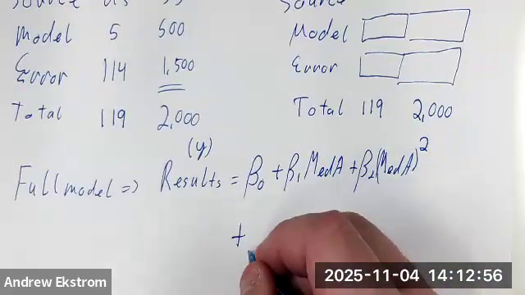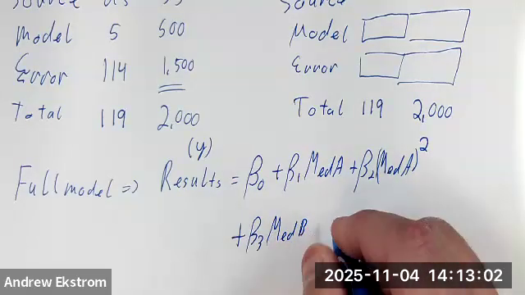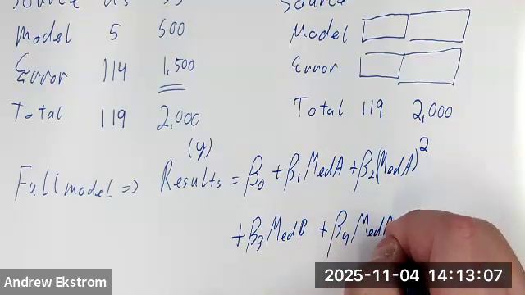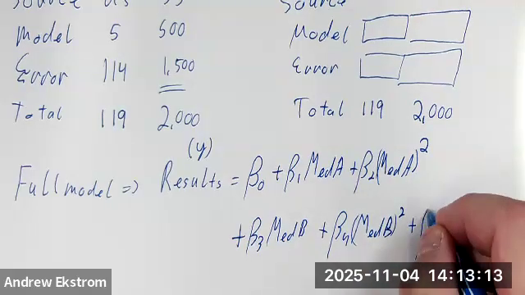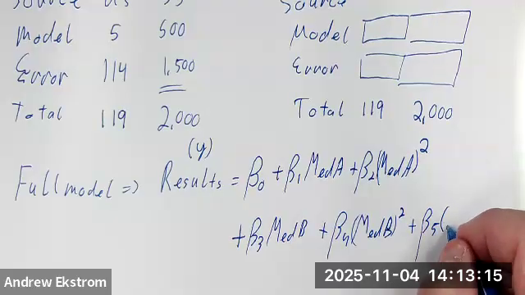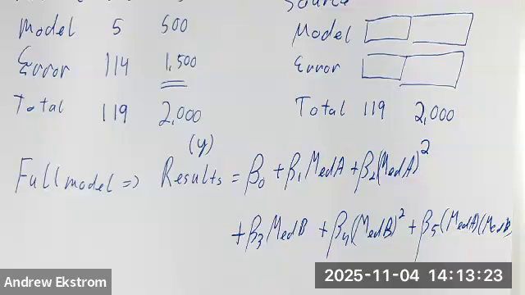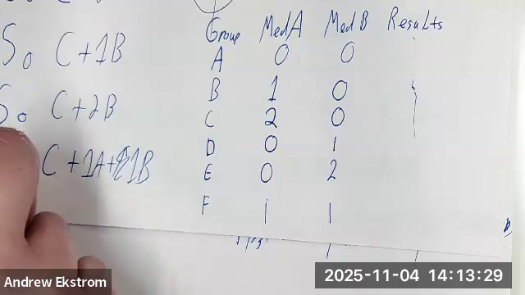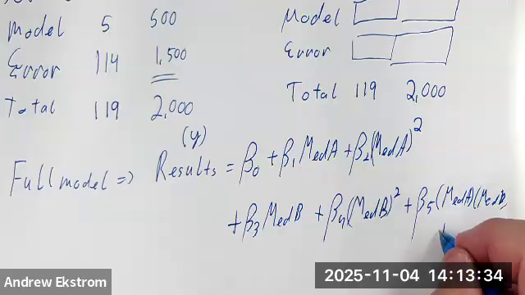So next would be, say, beta 3, med B, plus beta 4, med B squared, plus beta 5, med A times med B. Since in this case, we actually do have patients that are getting both of these medications at the same time, we can add in this thing over here, which is called an interaction term.